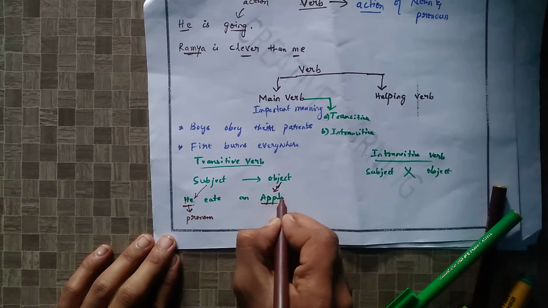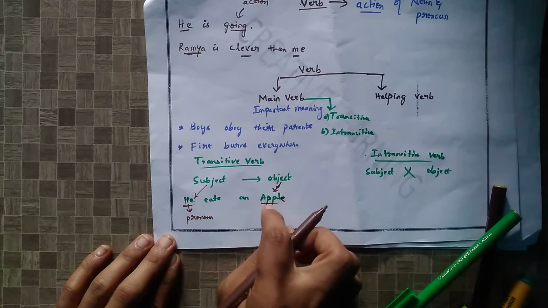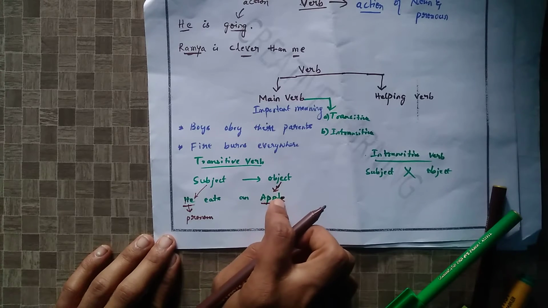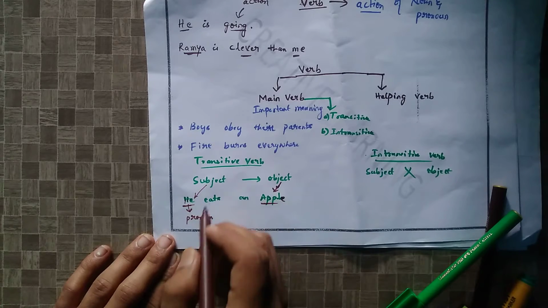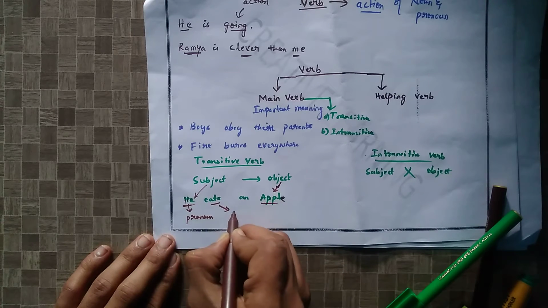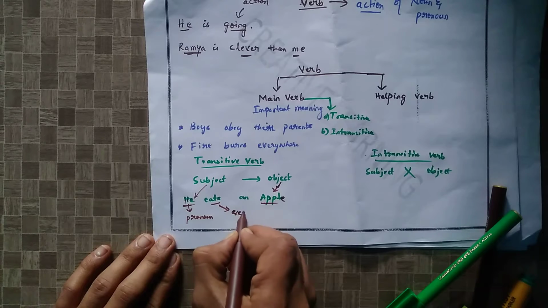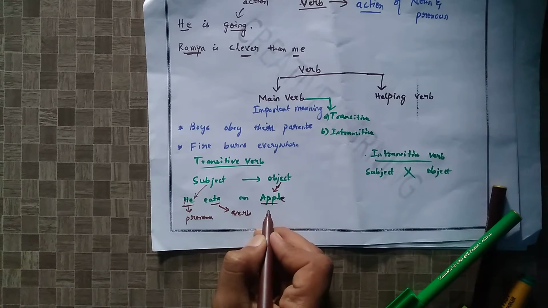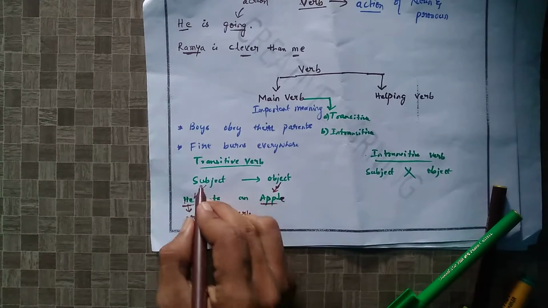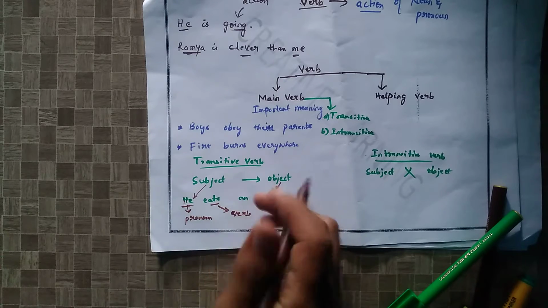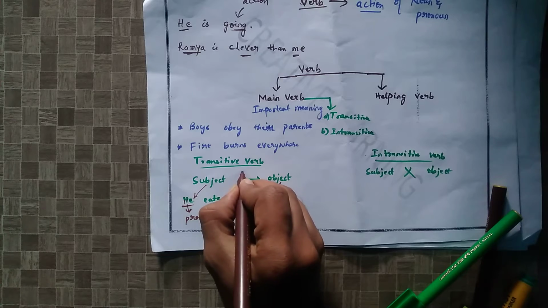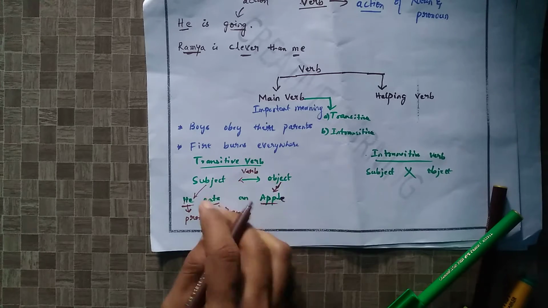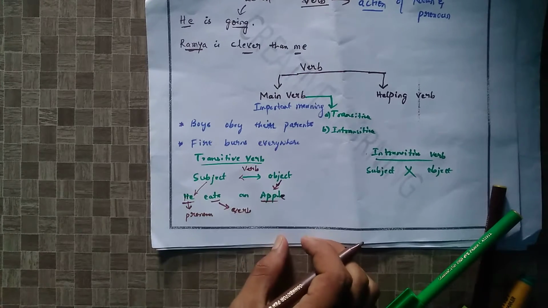Apple is a noun. So what is the verb between subject and object? Eats. Eats is the verb. The verb which passes over subject and object is called transitive verb.